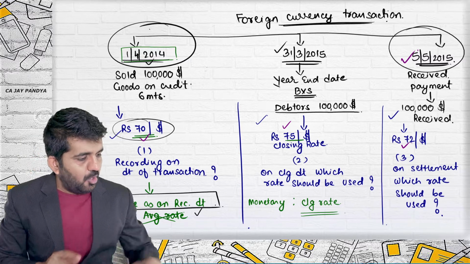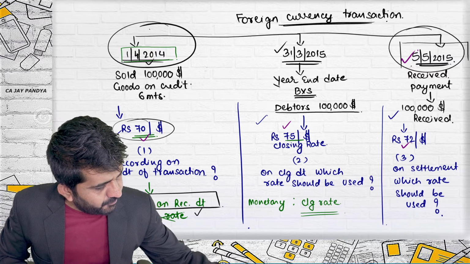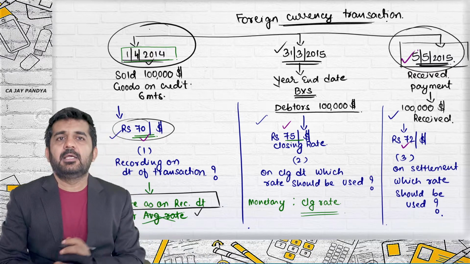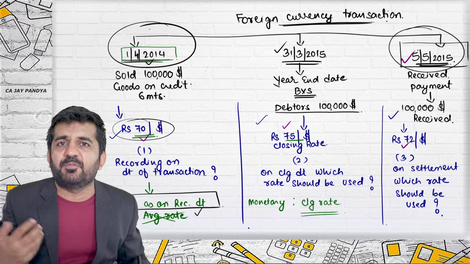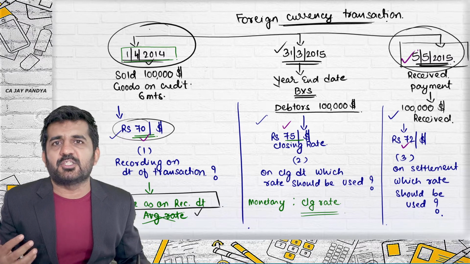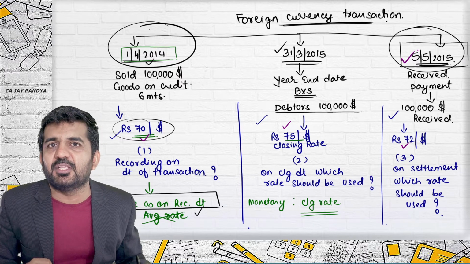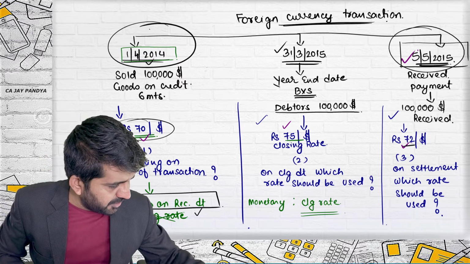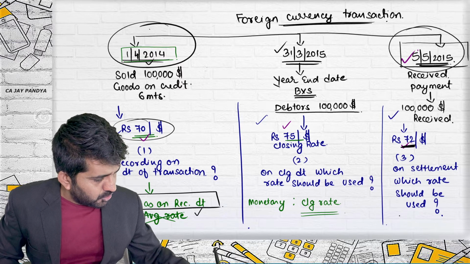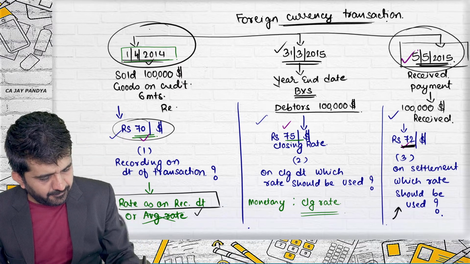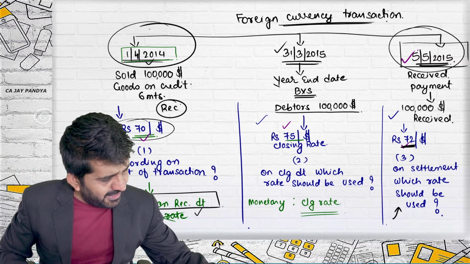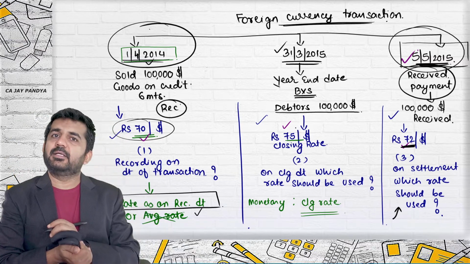Number two, on settlement, the settlement rate will be used. If you are receiving $1 lakh on 5th May, you will use the rate as on 5th May, because you are actually receiving the money at 72. So there should not be a problem in recording as well as settlement.